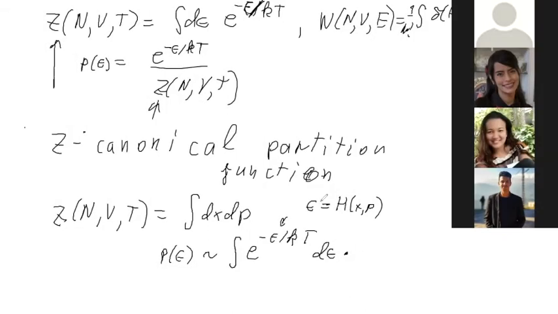How would I do it? So now I want to multiply this integral by something that will mathematically convey the idea that epsilon is H of x, p. Okay, it's the delta function.